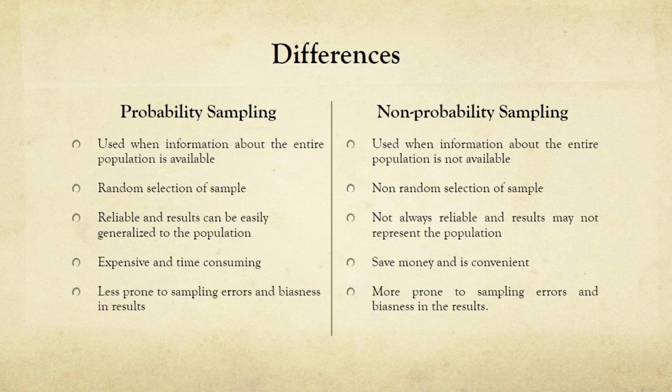Probability sampling is expensive, of course, and it's time consuming as compared to non-probability sampling, where it is done at your own convenience. So it saves time and it saves money. Probability sampling is less prone to sampling errors and the biasness in the results. Whereas in non-probability sampling, there is a lot of biasness in your results because it is done at your own convenience, and they are more prone to sampling errors.